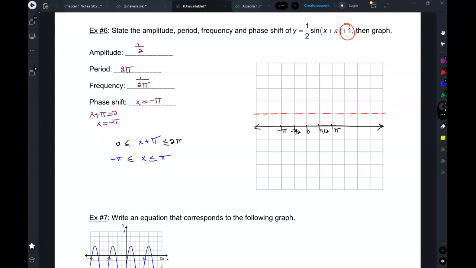Sine or cosine? Okay, does sine start on the axis or away from the axis? On the axis. So here's my first point, negative pi. On the axis means my first point goes on the axis. Then, am I going to go up or down? Up half a unit, 0, down half a unit, 0, and look at that cute little sine graph over there.